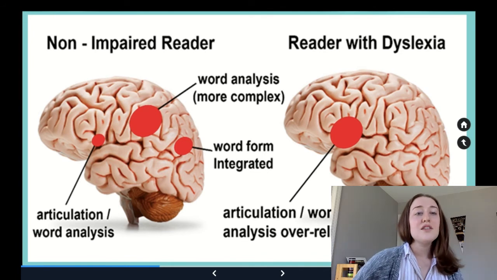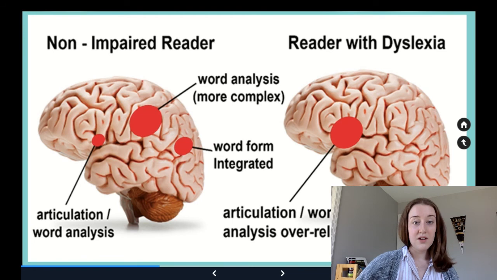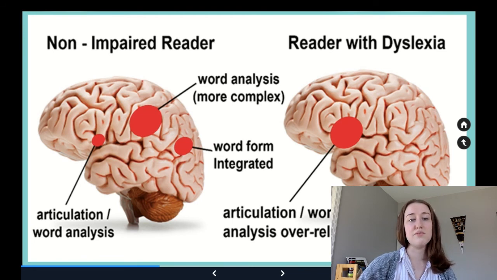As you can see in the non-impaired reader's brain, there's a tiny little activation of Broca's area in the front there. And then there's also some activation in the parietotemporal area, which helps with analyzing new words.